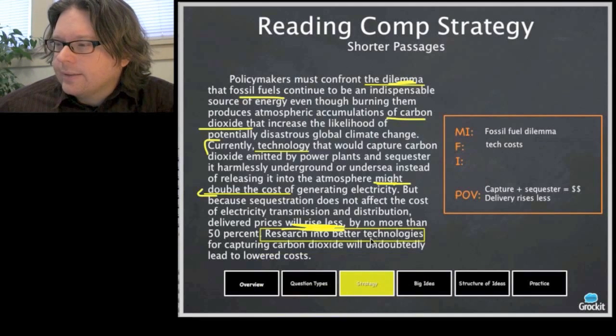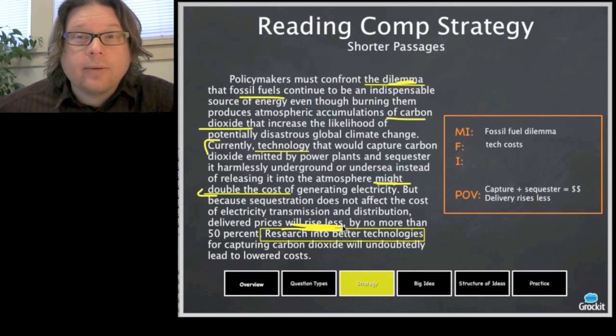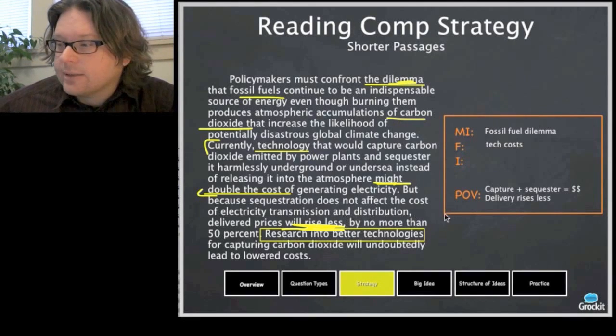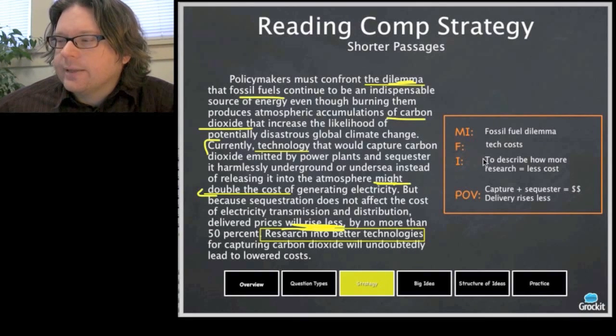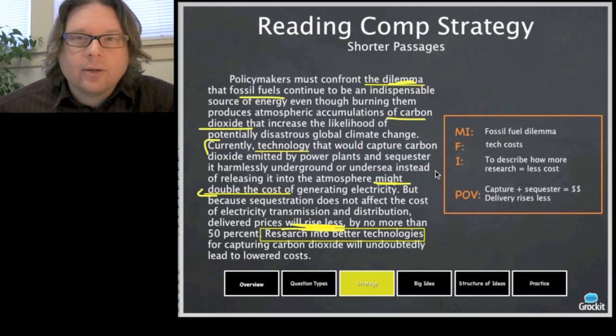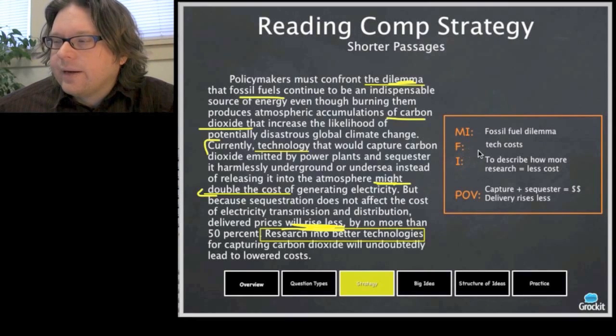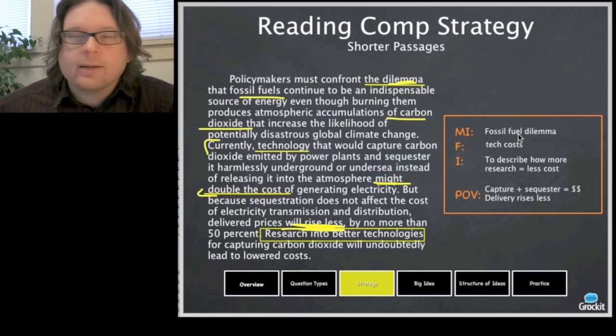Therefore, the intent is probably to argue that more research should be done to reduce the cost of this. And sure enough, the intention of the author in this particular paragraph was to describe how more research could reduce the cost in the specific area of the tech costs of the fossil fuel dilemma.